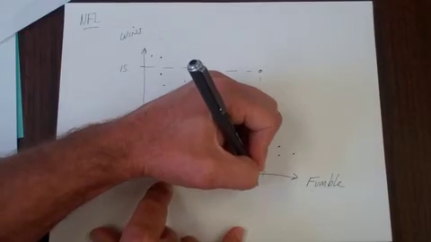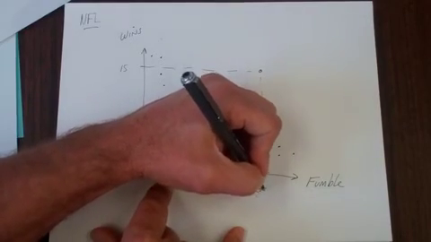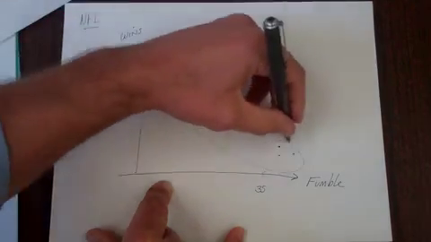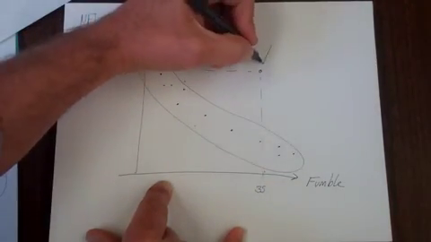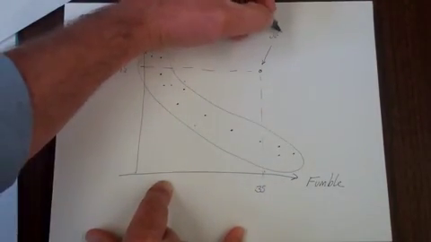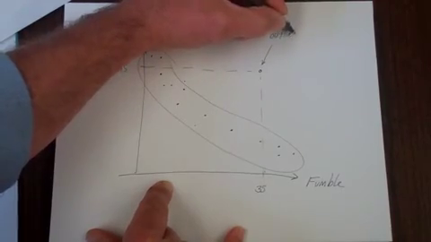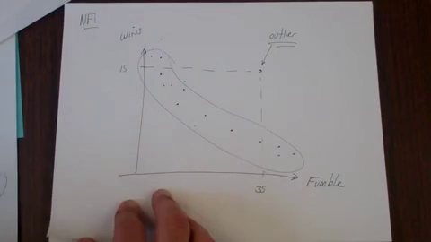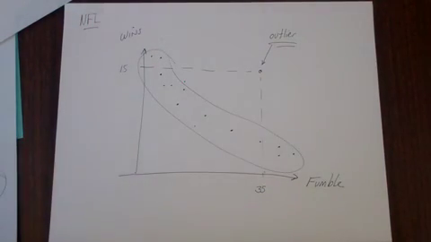Let's say maybe they had 35 or 40 fumbles, right? So do you see that there's a general relationship here, and there's one individual observation that lies outside of the normal relationship? That's called an outlier.